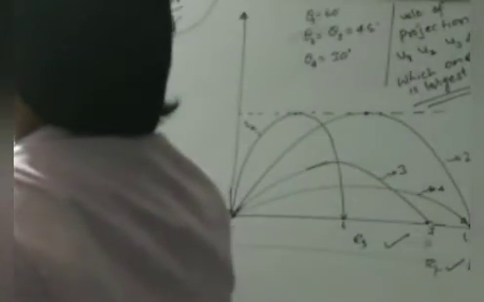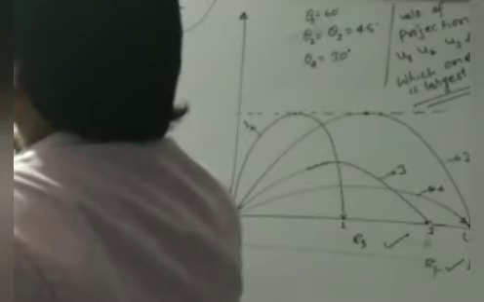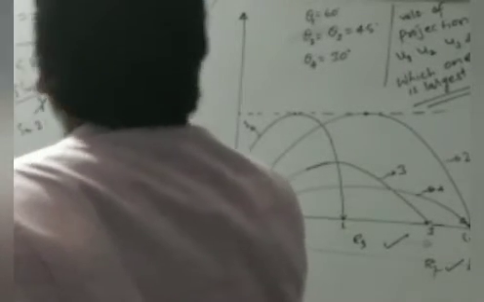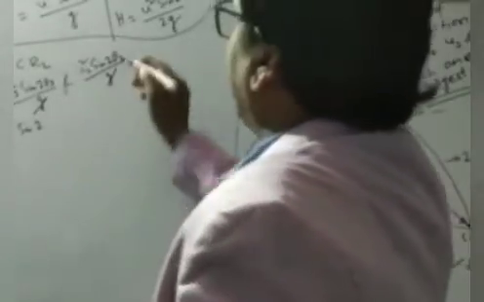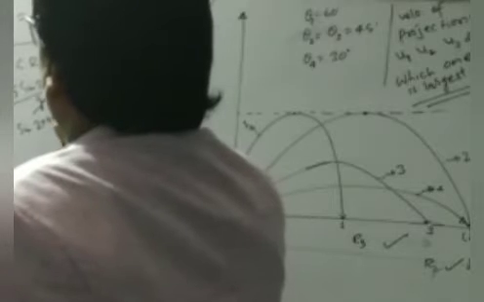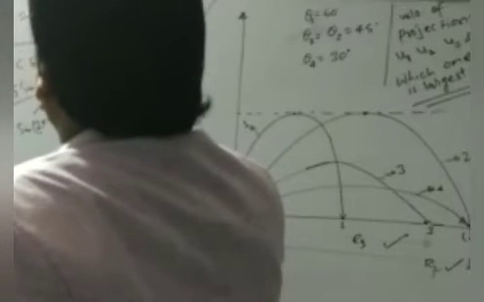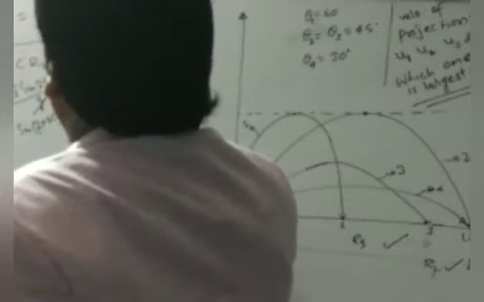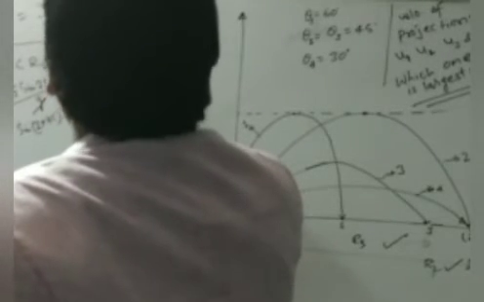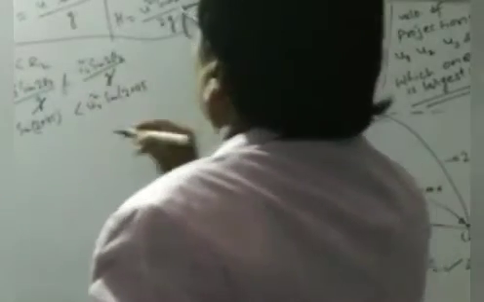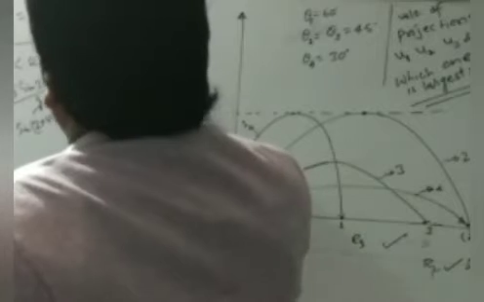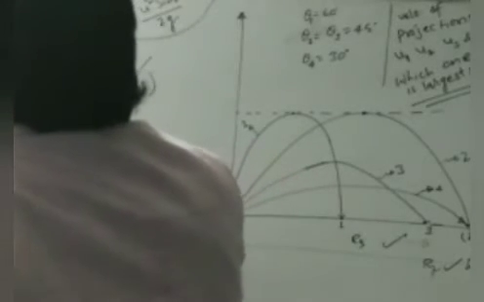So finally you will find u3 square sine 2 into 45 degree less than u2 square sine 2 into 45 degree, since theta 3 and theta 2 are both 45 degree. So sine 2 into 45 cancels.